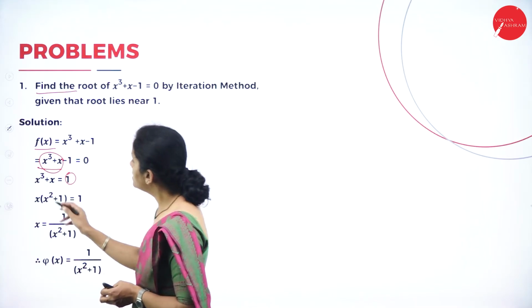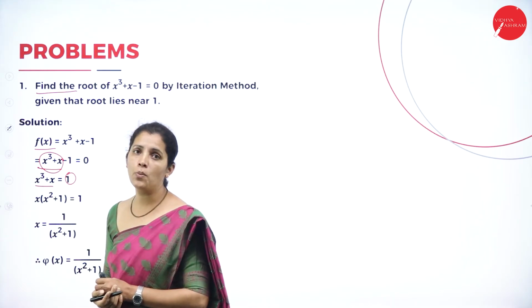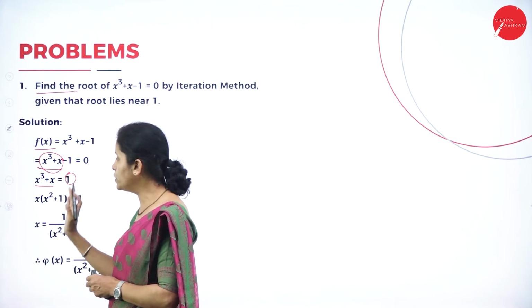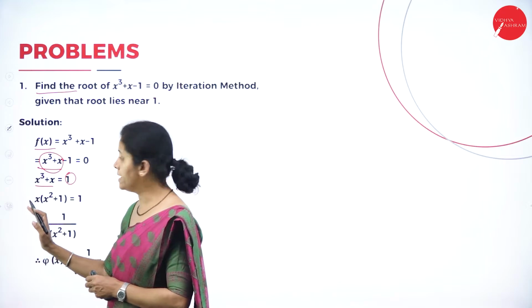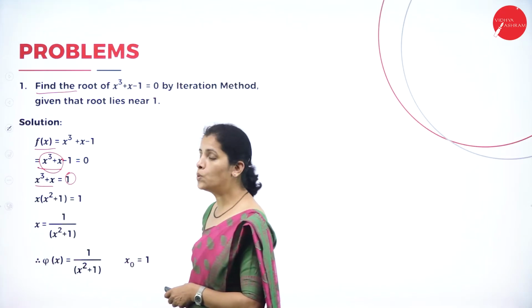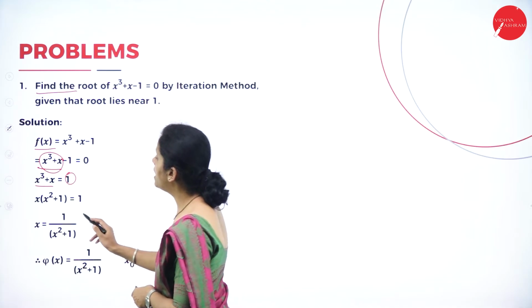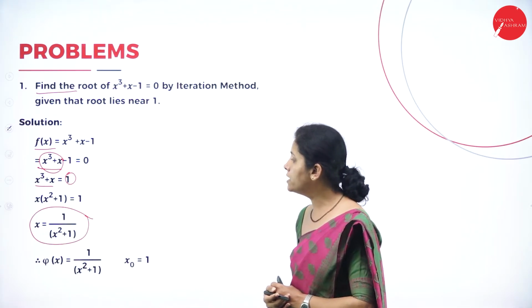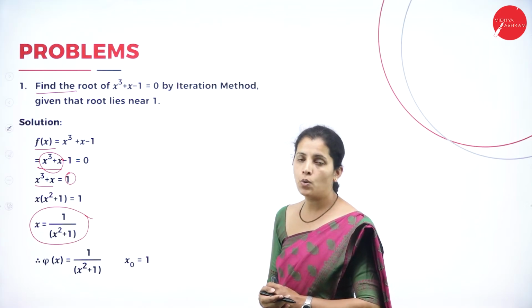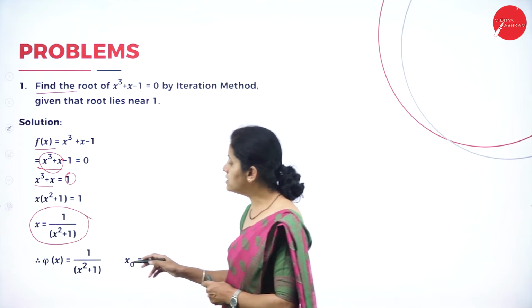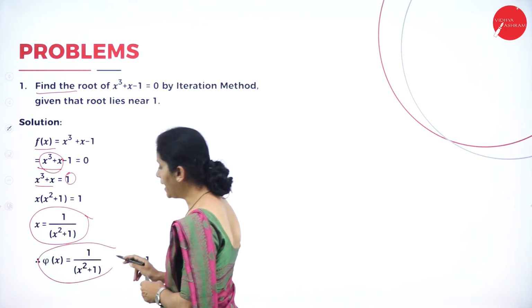What is common here? That is x, so I'm going to take x outside. So, x times x square plus 1 equal to 1. When I simplify, I get x equal to 1 divided by x square plus 1. Now, this is my pi of x.